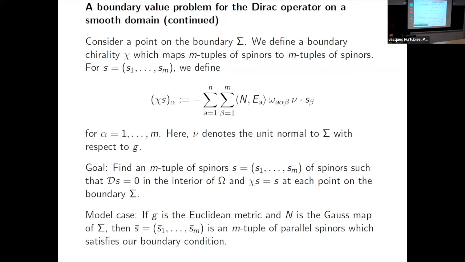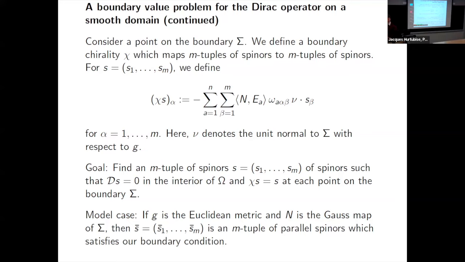The way this chi works is that it does two things at the same time. The first thing is we take the unit normal nu to the hypersurface with respect to g, and we take a Clifford product of nu with each vector. The second thing is we take linear combinations using these Pauli matrices or Dirac matrices omega_1 to omega_n, and we use this map capital N to form these linear combinations.